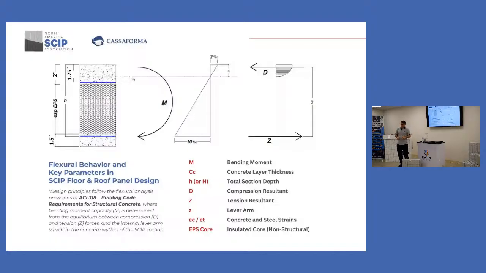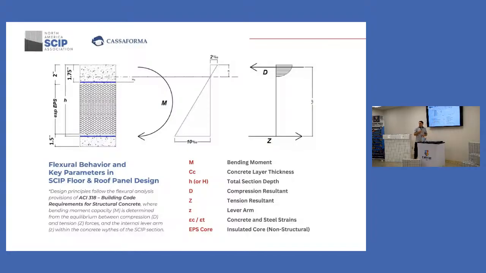Of course, if you make, for instance, the compression layer higher, what will happen? Well, first, the lever arm gets a little bit larger, but only a little bit. You see where the compression really is, where the D is. It's not even centered.